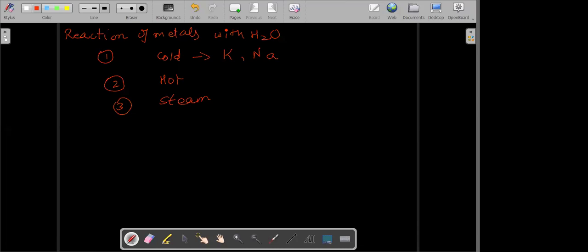So you have magnesium and calcium which react with hot water. And what about the reaction with steam? Aluminium and zinc. Very good.